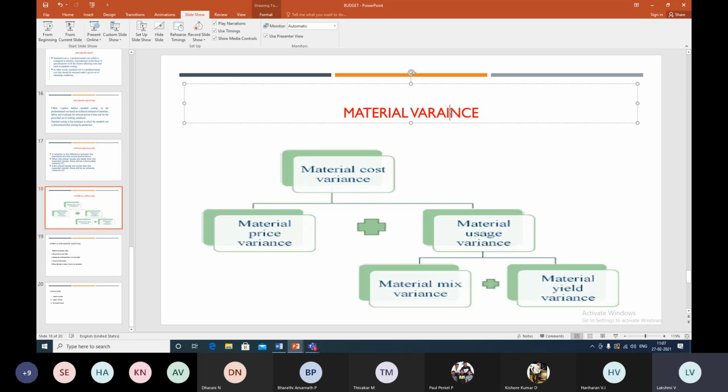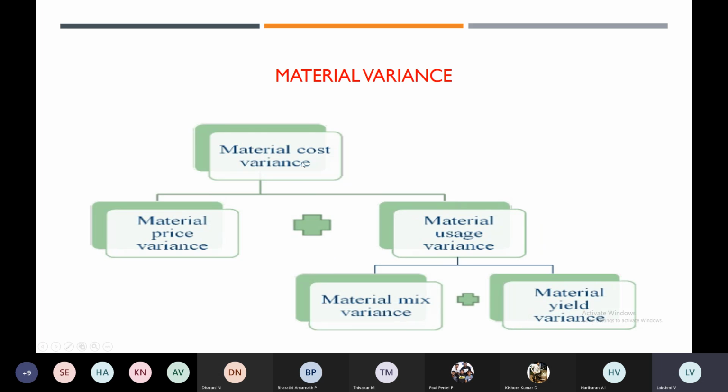Okay, so அப்ப வந்து நம்ம everything we have to calculate in that situation. Okay, so material variance, under that if you see, it is material cost variance. Material cost variance is the major heading. Under that you will be having material price and material usage, these two put together only it is known as material cost variance.